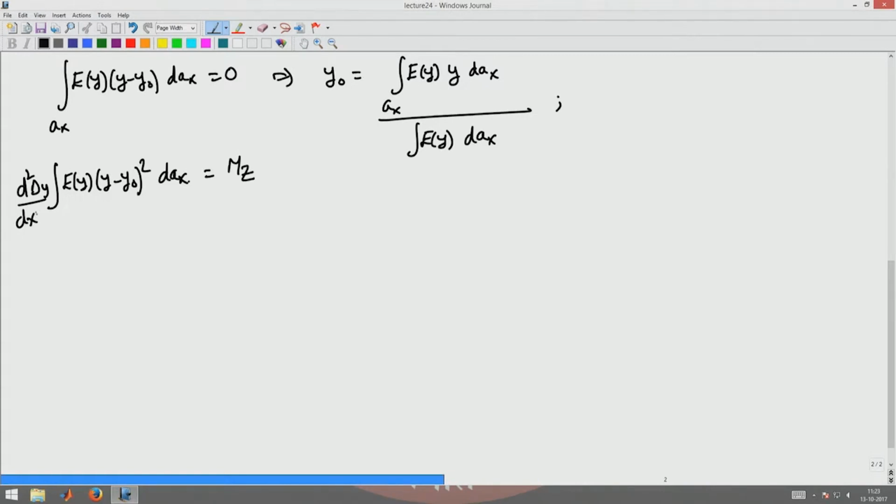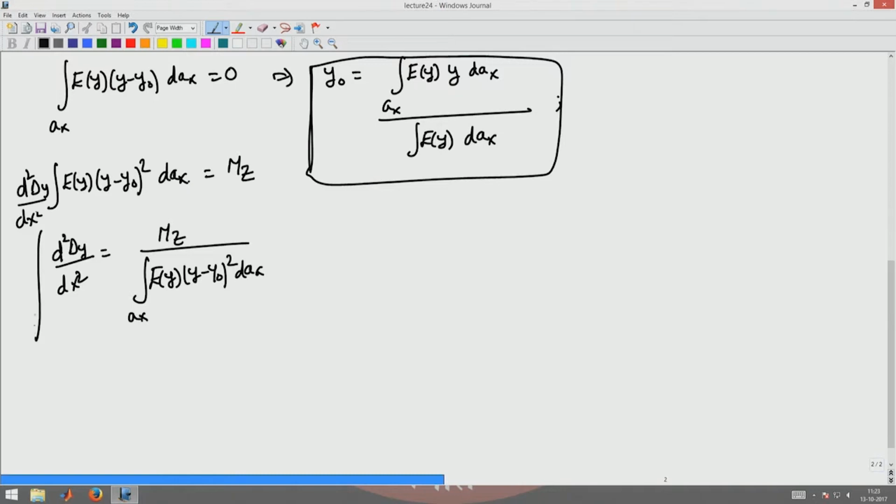I can't pull the E outside, so d square delta y by dx square is Mz divided by integral of E of y into (y minus y naught) whole square dAx over Ax. This is the equation to find y naught and this is the equation to find d square delta y by dx square.